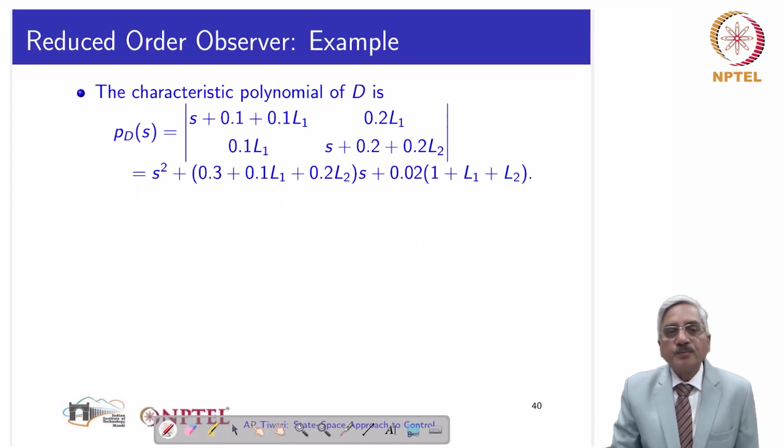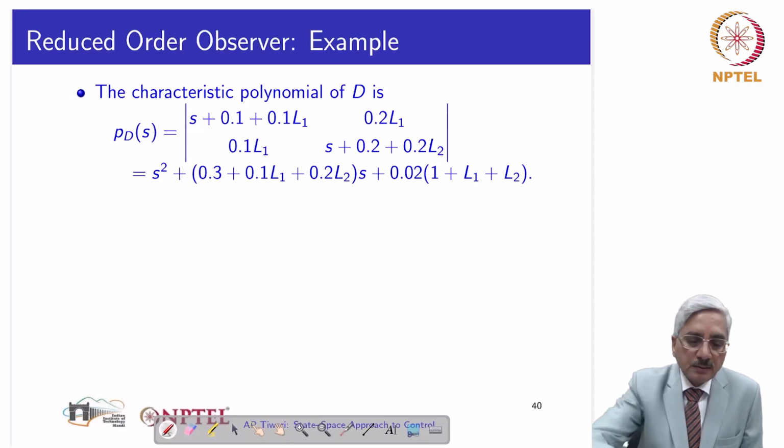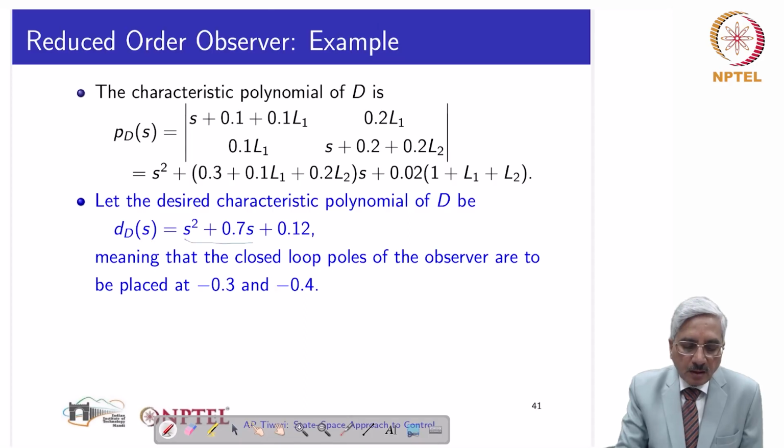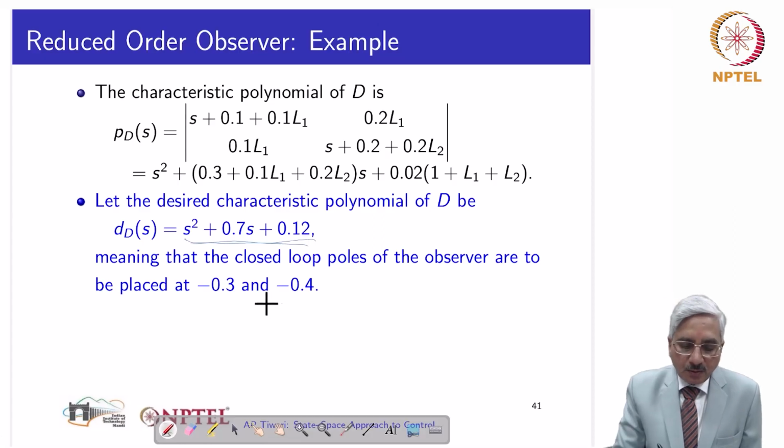Now we assume, because for the design of gain through pole placement, we have to select a characteristic equation. So we assume the characteristic equation of the matrix D, closed loop observer system matrix D. We want to place the observer poles at minus 0.3 and minus 0.4.